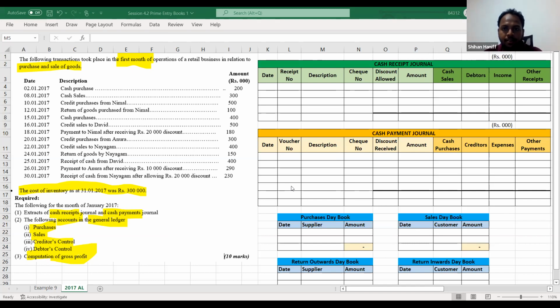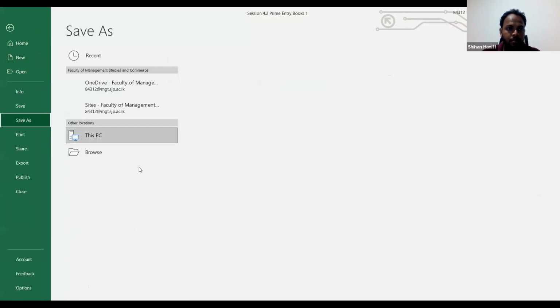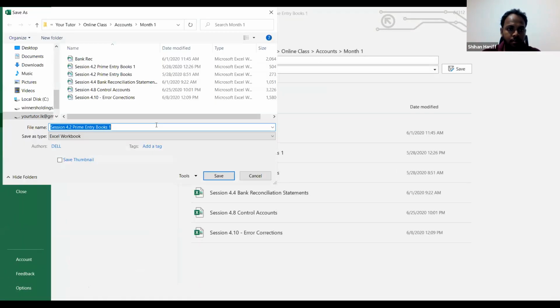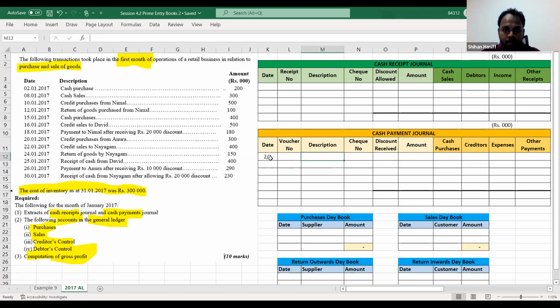Okay, so let's start. Make it fast. Cash purchases. When we purchase, we pay cash. Then the cash payment journal, 2nd of January. So it goes to the cash payment journal.